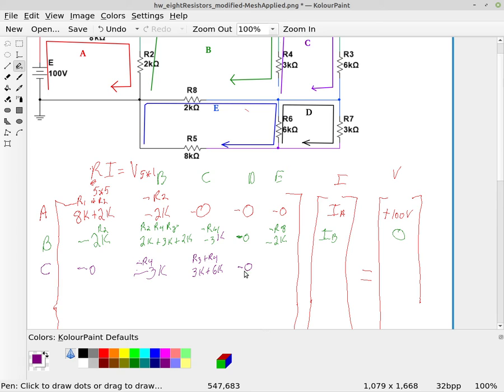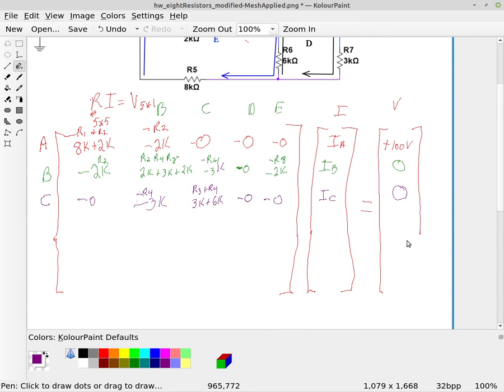So again, it's a 0. And C and E, they only touch right there at the node. So again, they don't share a resistor, so that's a -0. All right, so this is my current IC, and there's no battery in loop C. So there's no voltage source in loop C. So that just goes right there.